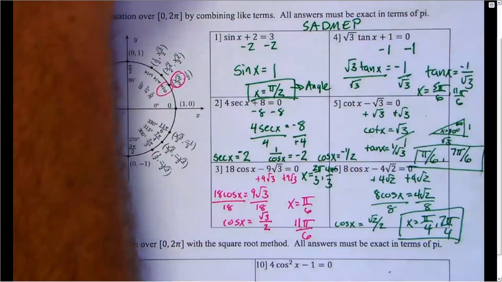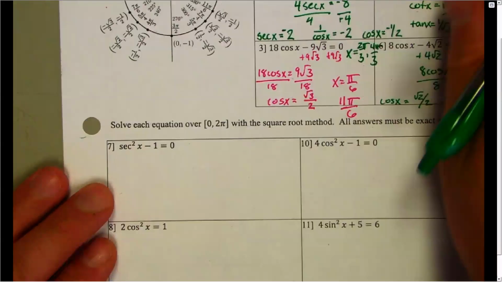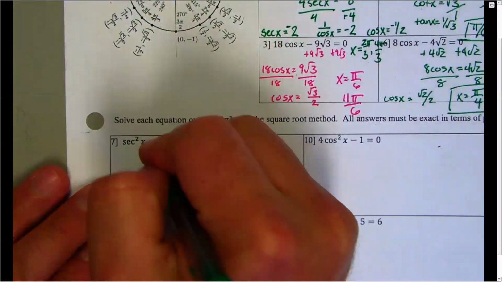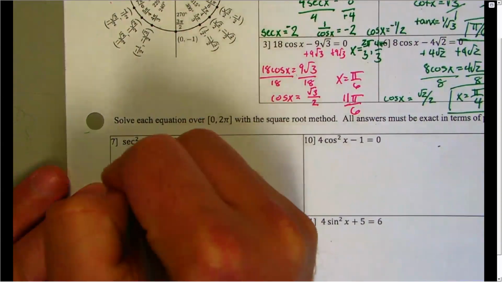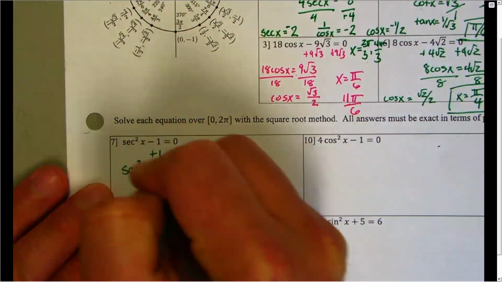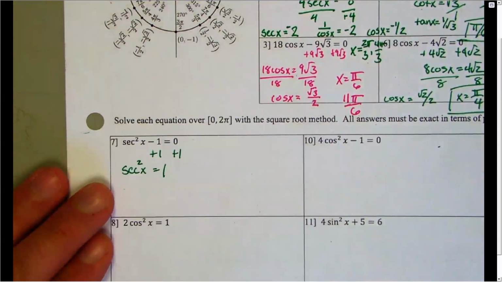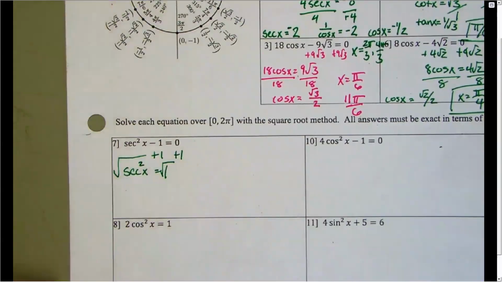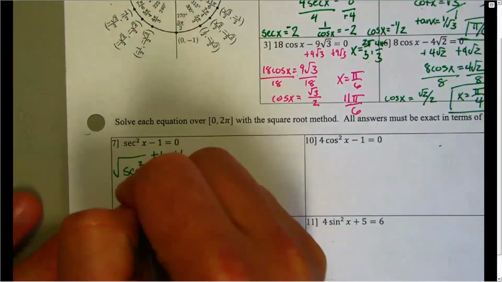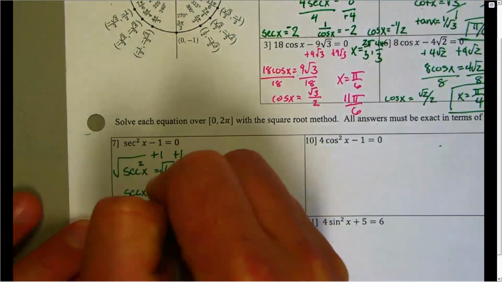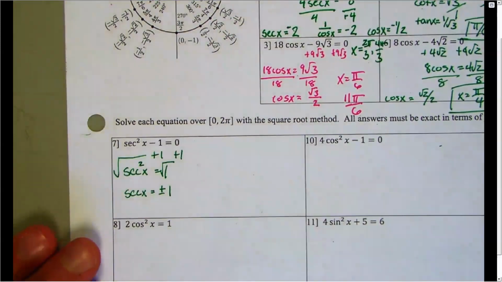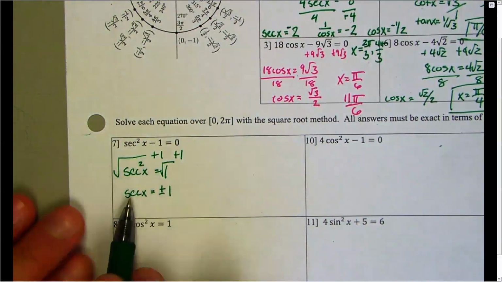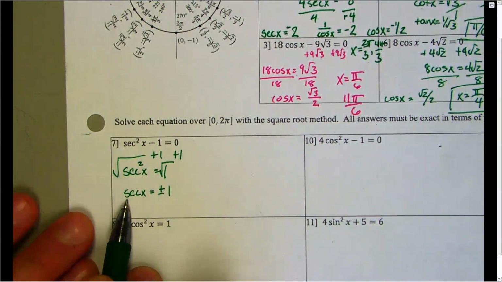Let's jump down to question number 7. We'll remove a -1 by adding 1 to both sides. We'll remove a squared with a square root. The square root of 1 could be positive 1. The square root of 1 could also be negative 1. Secant is the reciprocal of cosine.